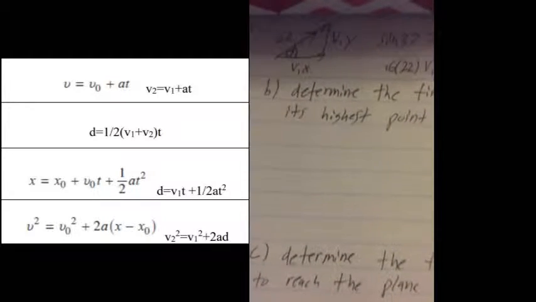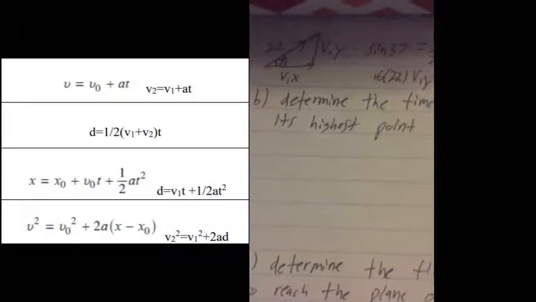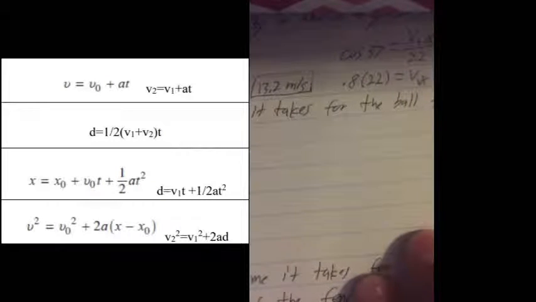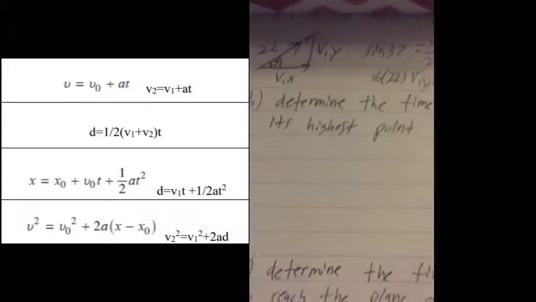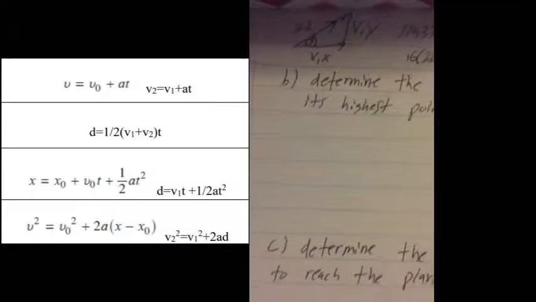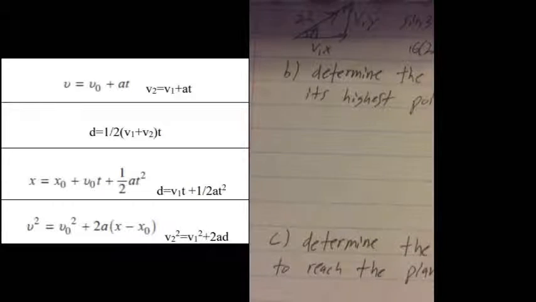Pretty easy, huh? All right, so next they want us to determine the time it takes for the ball to reach its highest point. So now we need to start using kinematics. And to figure out which kinematic we need to use, let's write down all the information that we know about the problem and what we're trying to find.